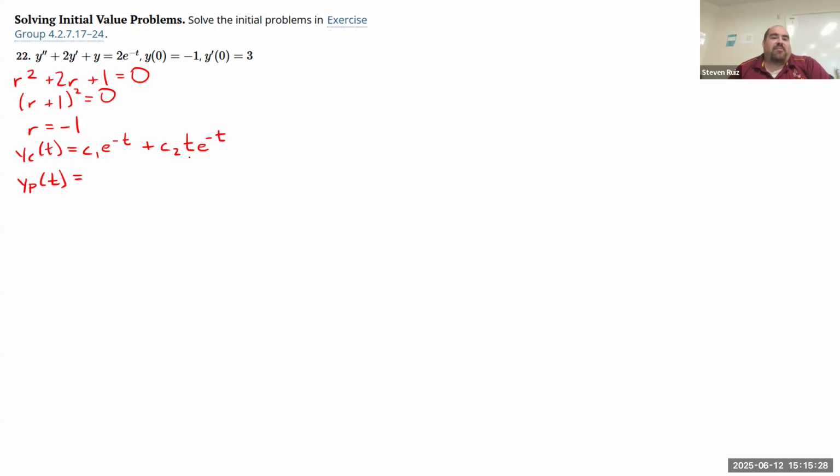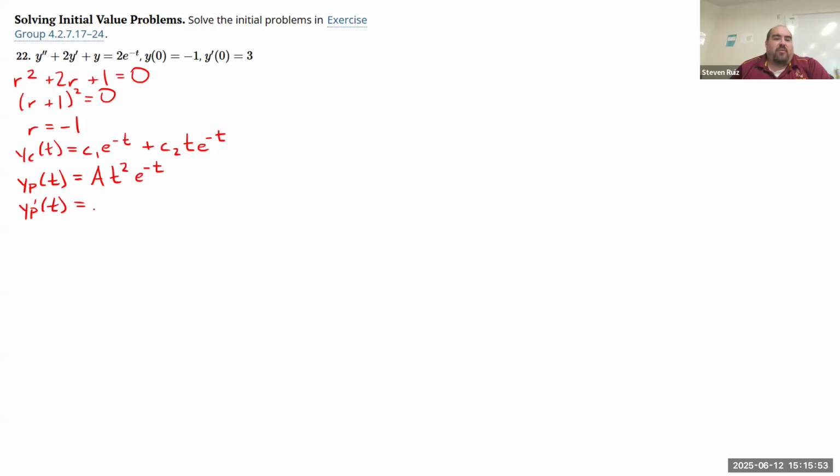So I'd multiply it by a power of t. Well, I already have something that looks like that. So I'll multiply it by another power of t. So we'll call that a t squared e to the negative t. So basically all three of my terms are going to have an e to the negative t term. So now that I have that, let's take a derivative.